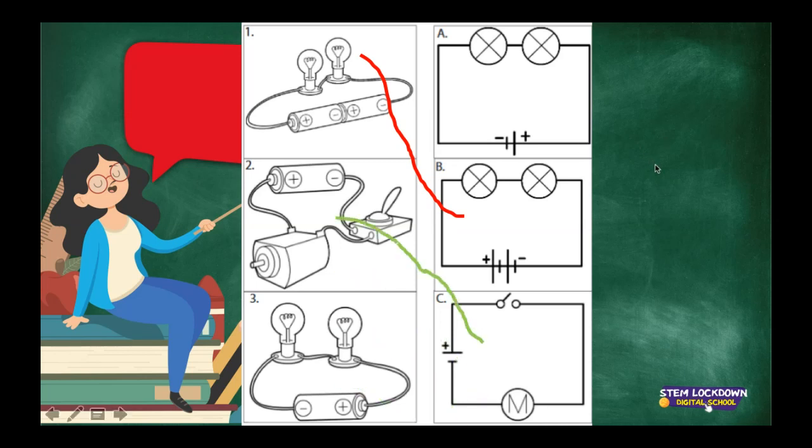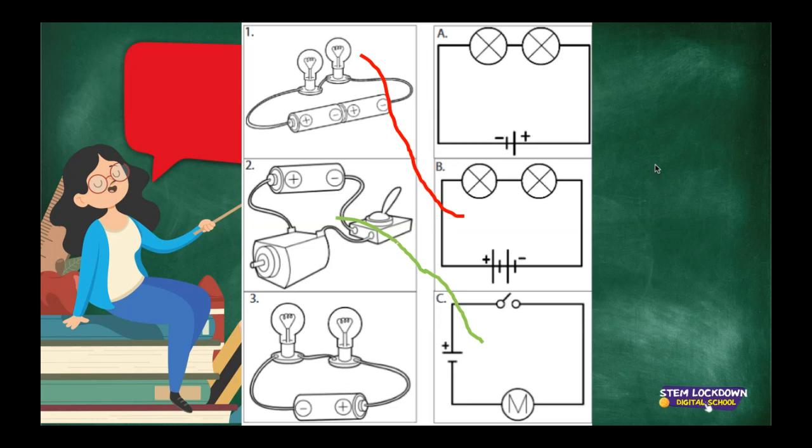All right, and we've got 2C. With this one, they've changed the direction of the scientific drawing, and you might find that they do this in your test or activities. You don't have to draw it exactly the way it is. You can just switch things around as long as all the components are there.